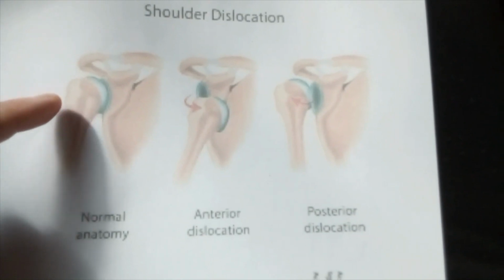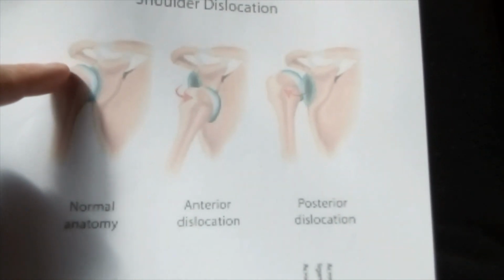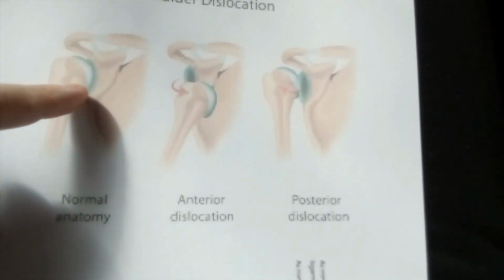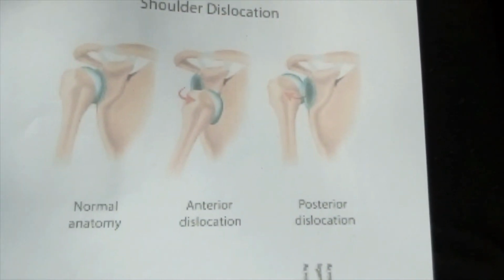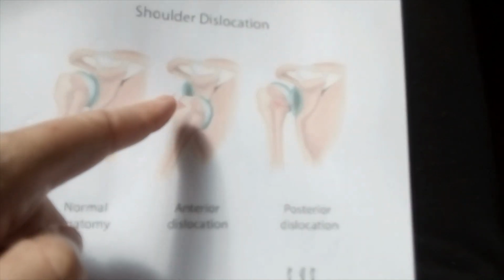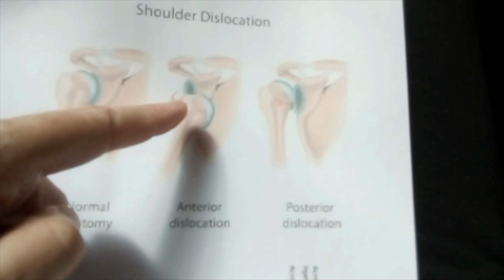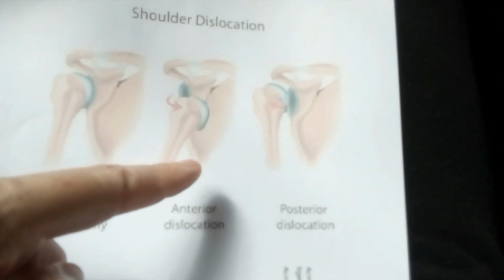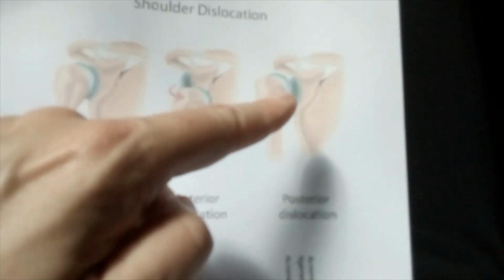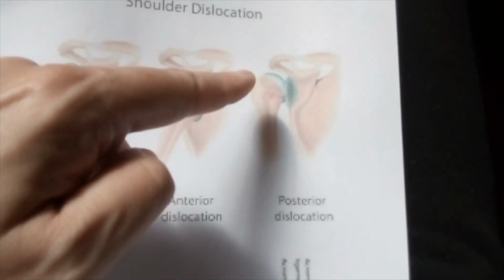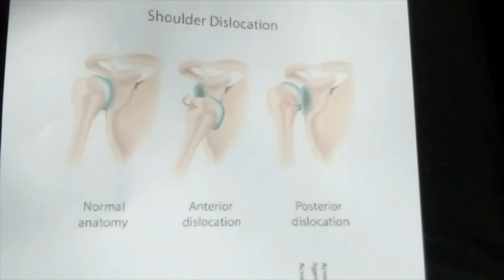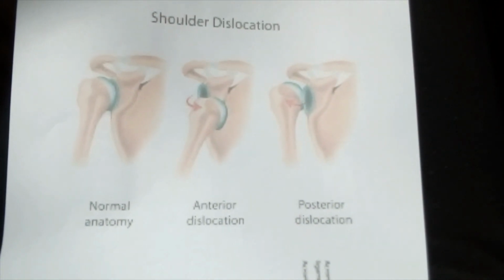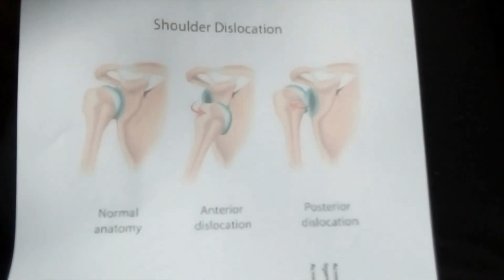Here you've got a normal shoulder where the ball of that arm bone sits nicely in the socket of the shoulder joint. And as we explained, you've got anterior dislocation where it pops out and comes forward, or posterior where it pops out and draws back. So that's certainly one of the most common injuries.